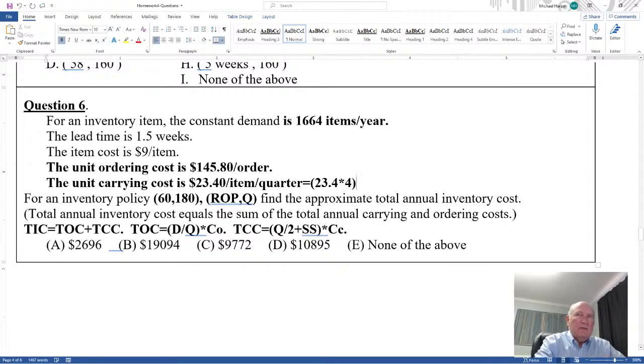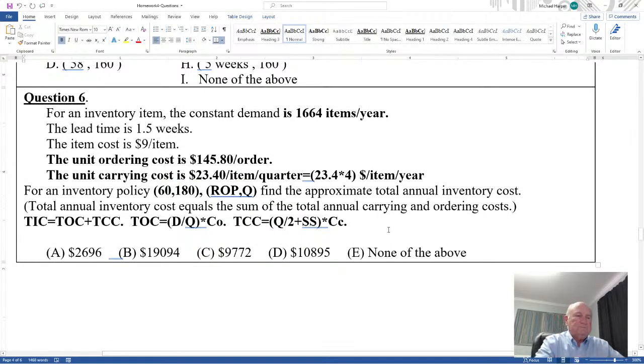That's going to be my cost per item per year. So I'll need the annual cost for my carrying cost here, and I got that. My Q is the 180. Safety stock, I don't have safety stock.